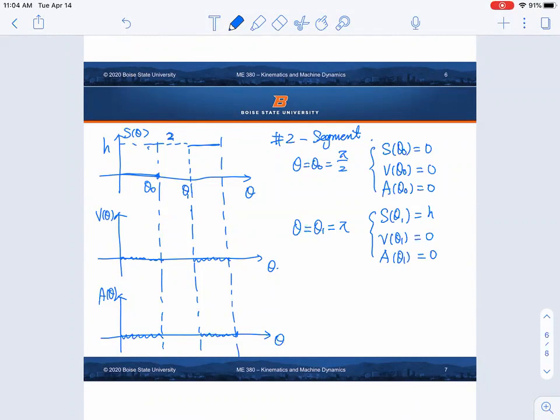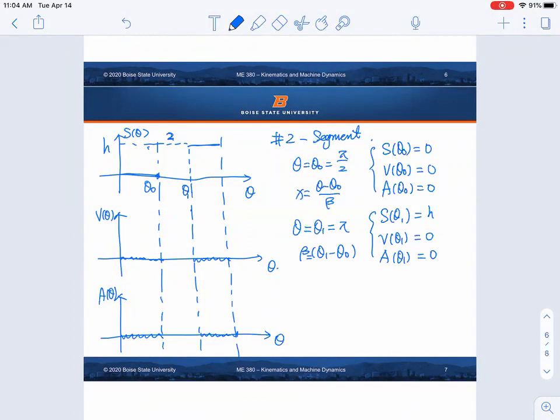As we mentioned before, you can easily couple theta with your x domain by using x equal to (theta minus theta naught) over beta, and beta again is theta 1 minus theta naught.